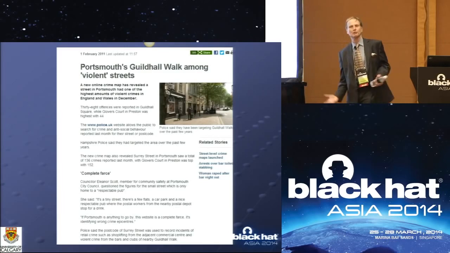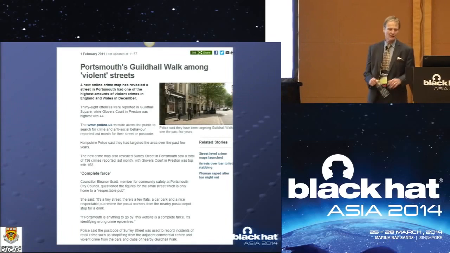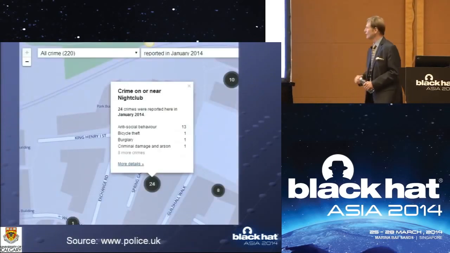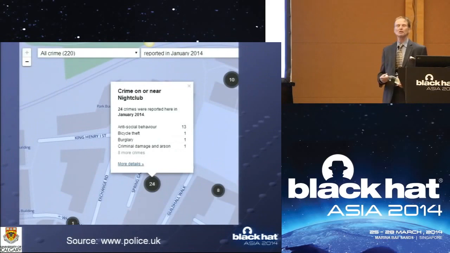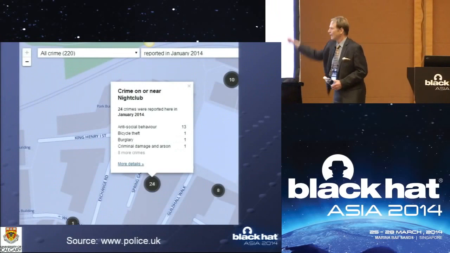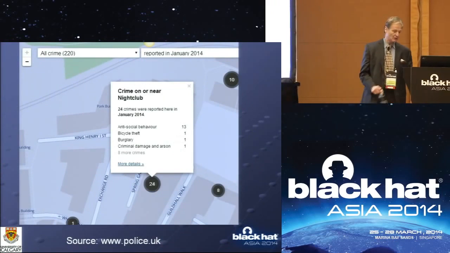Apparently the post office workers go and drink there, but it's certainly not a wild and crazy place. But there happens to be a nightclub around the corner, and so all these crimes of antisocial behavior are actually happening in the nightclub, but are being tagged to the postal code of this particular quiet street.